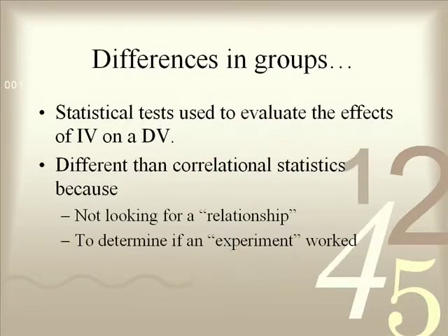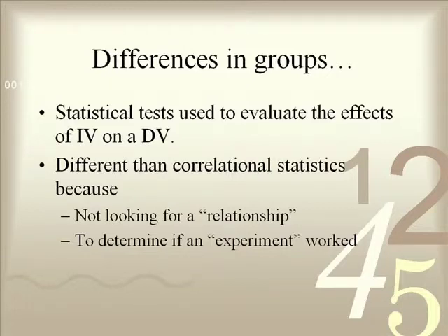So, differences in groups. We can use different statistical tests to evaluate the effects of an independent variable on a dependent variable, or multiple independent variables on a dependent variable, or multiple independent variables on multiple dependent variables.